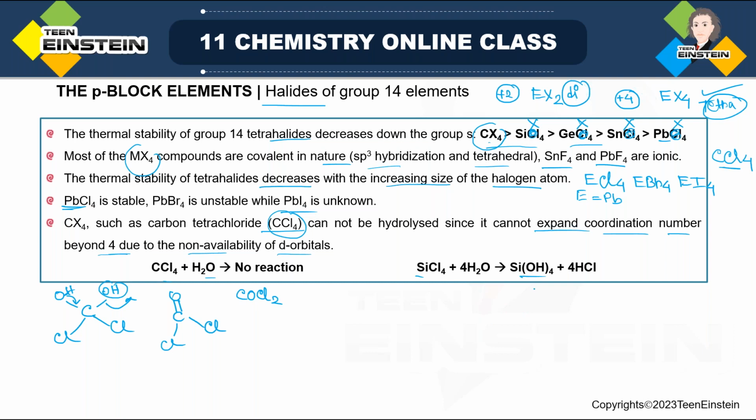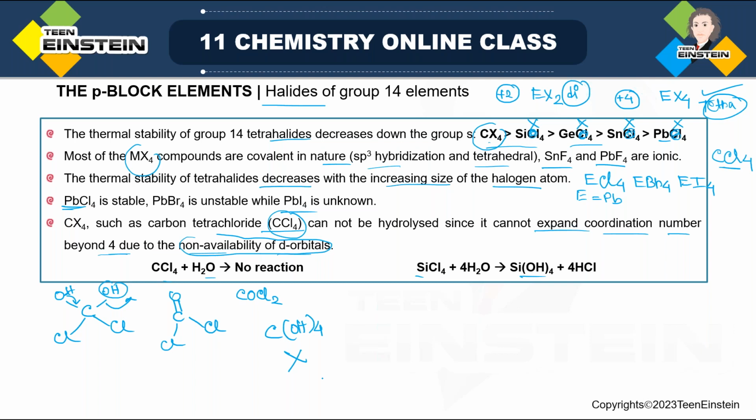Then why is this fact so important, that in carbon there is no d orbital, so we cannot get C(OH)4 type of product? Basically, if you compare these two reactions, we are not getting C(OH)4, but we are getting Si(OH)4. But both are 4 coordination.